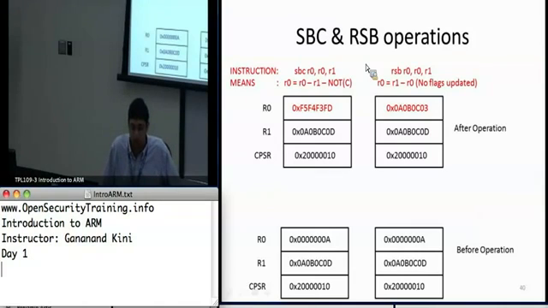So you start off with 0A, 0B, 0C, 0D, and when you do a reverse subtract, you're going to get a value that's really in the high range, but can anybody tell me which bit might be set in the flags after this operation? Negative. Yep, and? So the carry flag is going to be set.